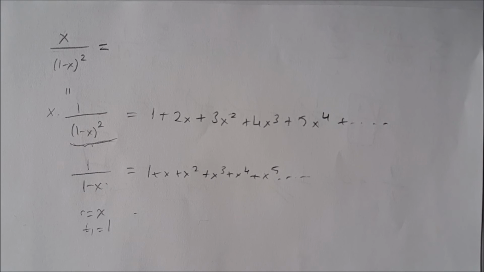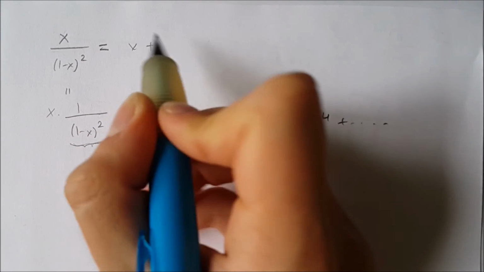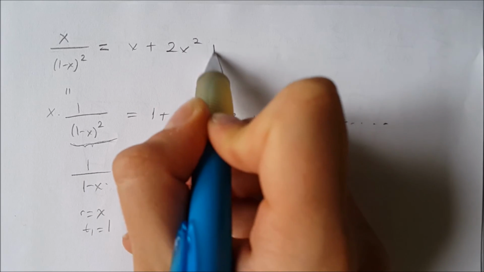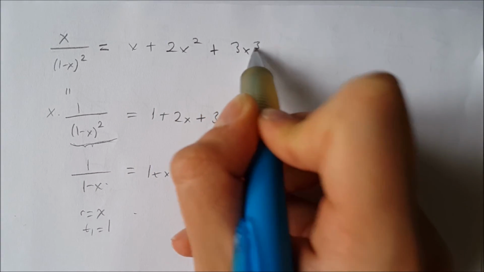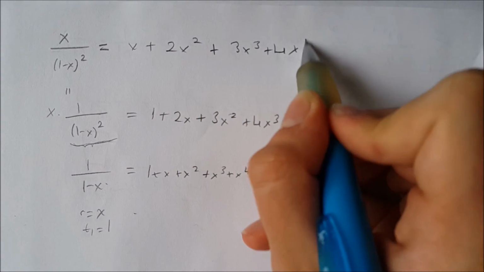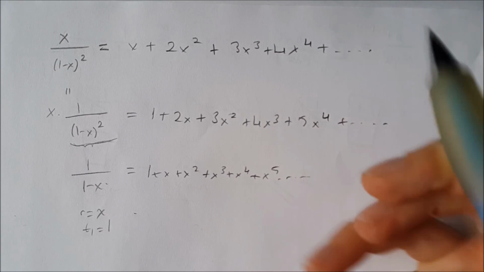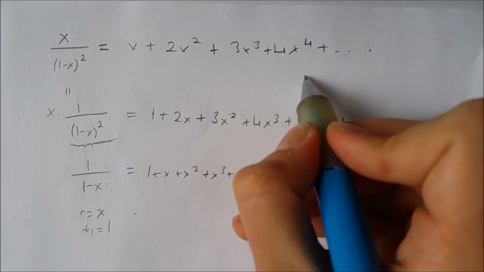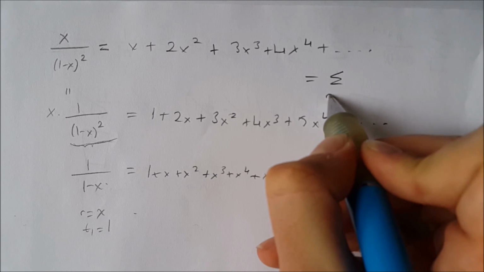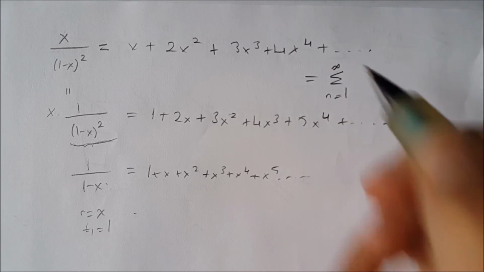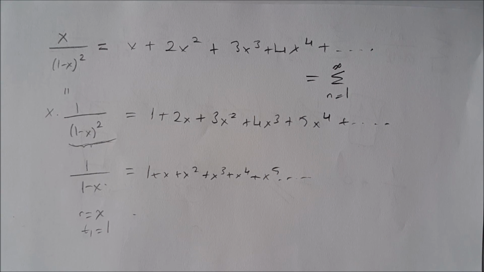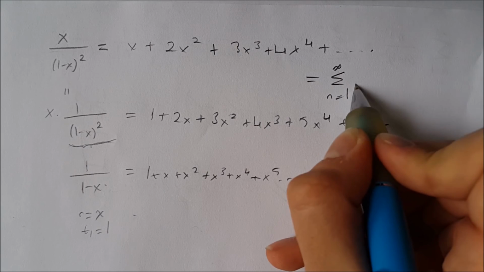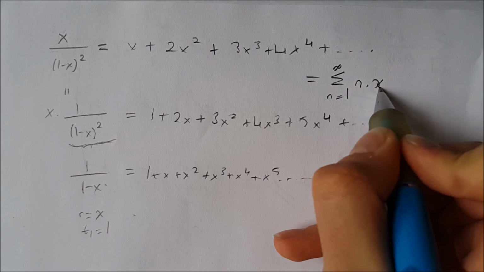Then if you multiply all the terms by x, we will find the Taylor approximation of our original series, which is x plus 2x squared plus 3x cubed plus 4x to the power 4, and then it goes on, which is equal to the sum from n equals 1 to infinity of n times x to the power n.